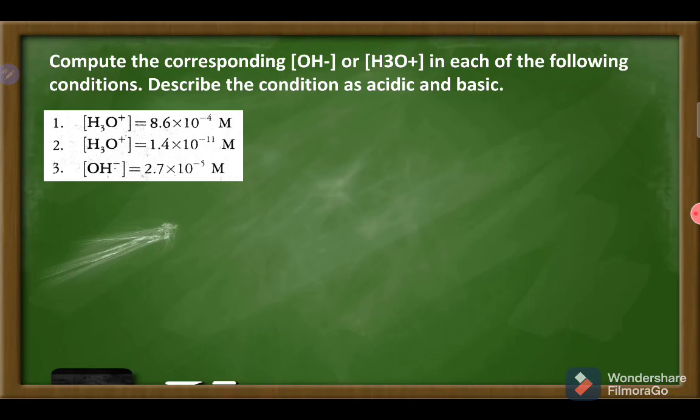Next, let's compute. Compute the corresponding hydronium or hydroxide ions in each of the following conditions. Describe the condition as acidic or basic. So, let's have number 1. We have the value of the hydronium ion, which is equal to 8.6 times 10 raised to negative 4.